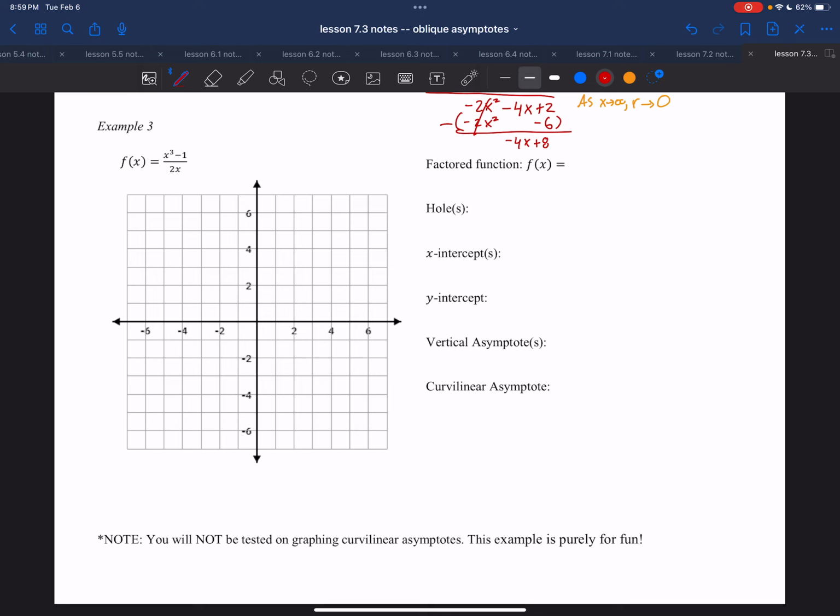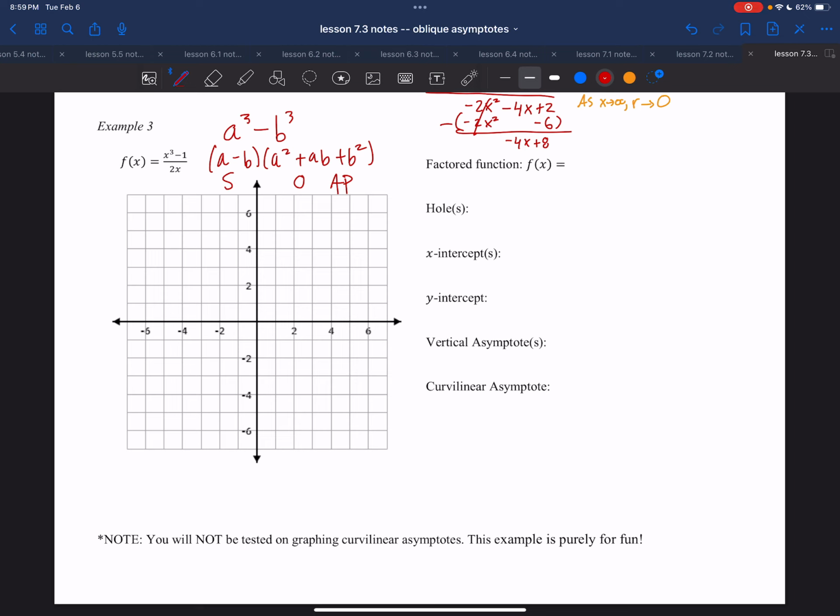I don't know if you noticed this. This is a difference of cubes, right? X cubed is a perfect cube. So is 1. Oh, it's the best one. It's a minus b times a squared plus ab plus b squared. It's beautiful. It's SOAP. If you remember, same, opposite, always positive.